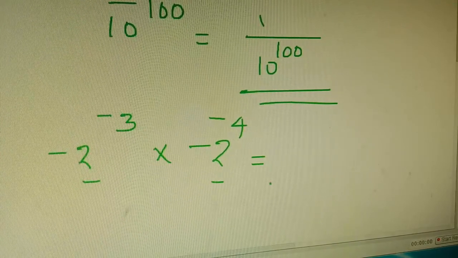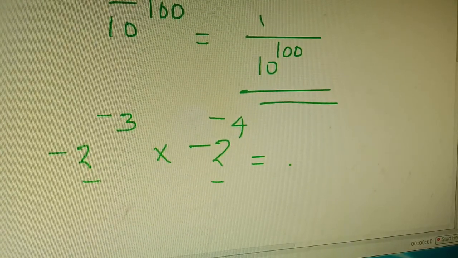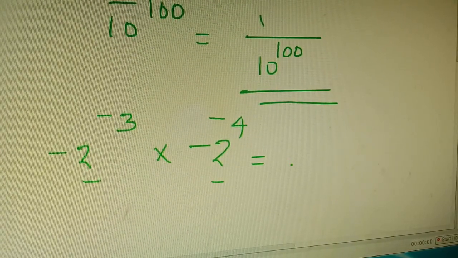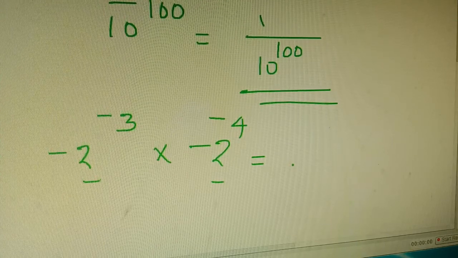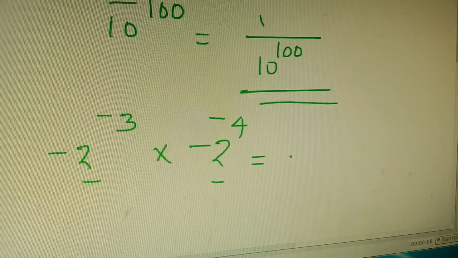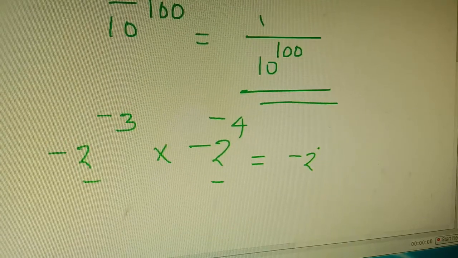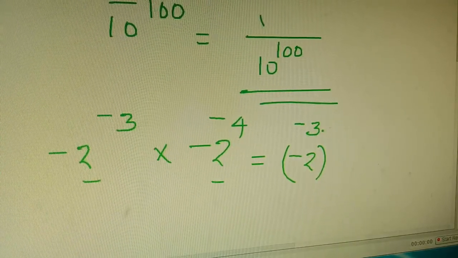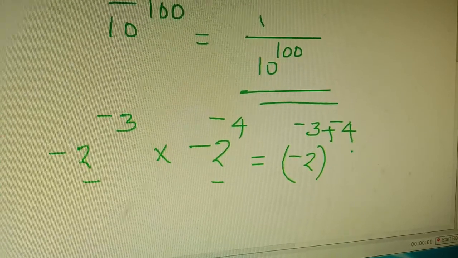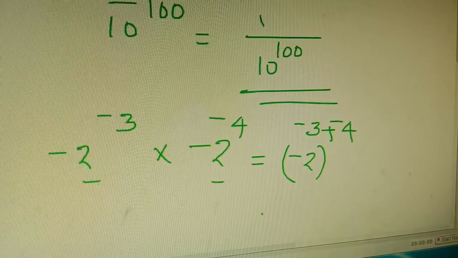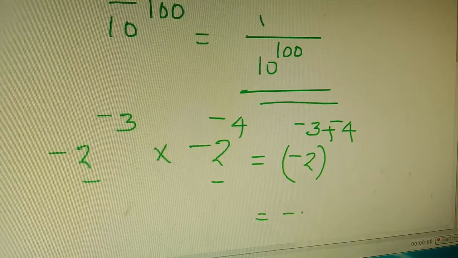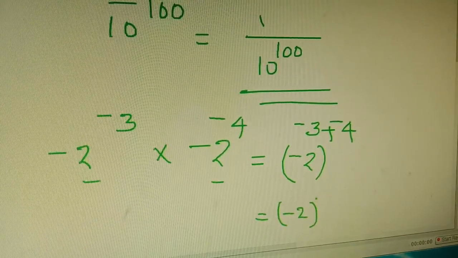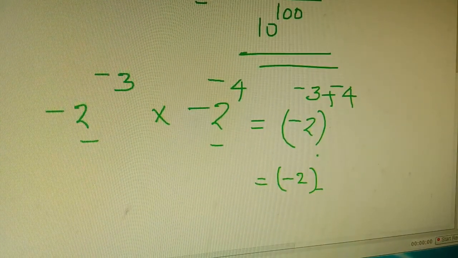Then powers are different. So we can apply the first law, a to the power of m into a to the power of n is equal to a to the power of m plus n. So here also the same way, negative 2 to the power of negative 3 plus negative 4. What is negative 3 plus negative 4? That is negative 7. So negative 2 to the power of negative 7.